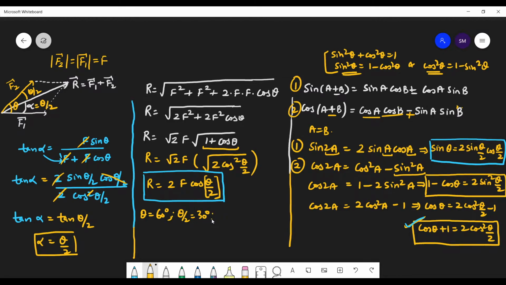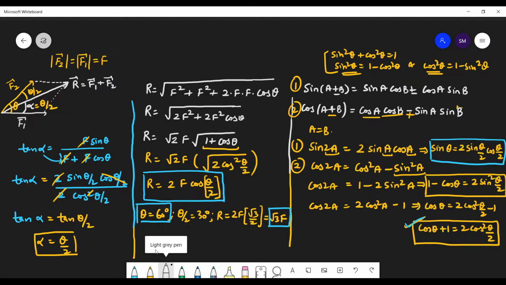So in this case, R will be equals to 2F into cos 30 degree. So what is cos 30 degree? Root 3 by 2. So that's equals to root 3F. If theta equals to 60 degree, then the magnitude of the resultant force is root 3F.